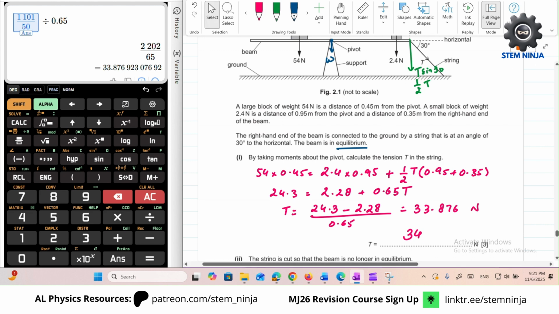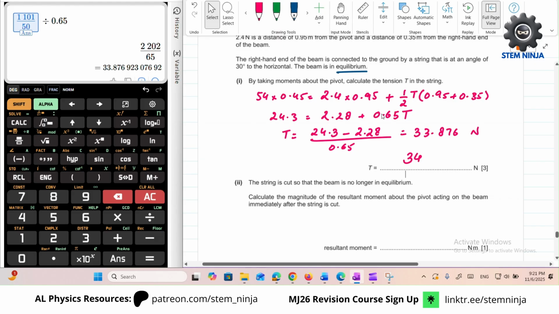The string is cut so that the beam is no longer in equilibrium. Calculate the magnitude of the resultant moment about the pivot acting on the beam immediately after the string is cut.